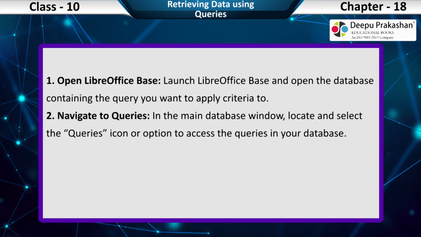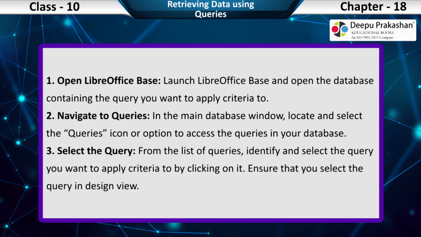In the main database window, locate and select the Queries icon or option to access the queries in your database. Select the query. From the list of queries, identify and select the query you want to apply criteria to by clicking on it. Ensure that you select the Query in Design view.